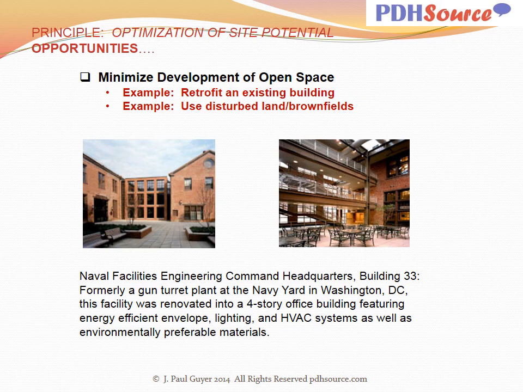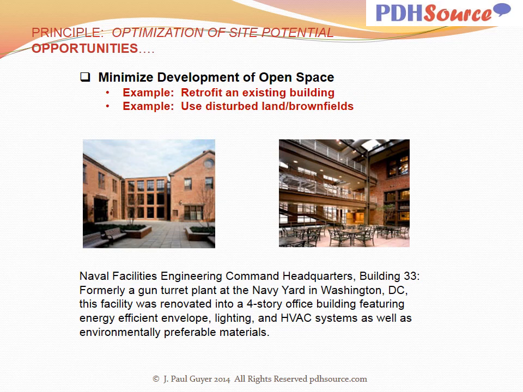This is just an example of quite a nice looking renovation. This was at a Navy facility in the Washington, D.C. area. There was an existing unused gun turret plant. The demand for gun turrets not being what it used to be, the plant wasn't needed for that purpose, but there was a need for engineering and administrative offices.